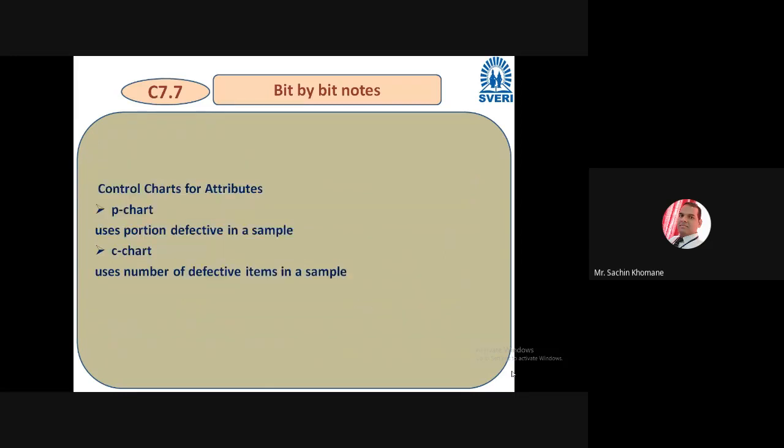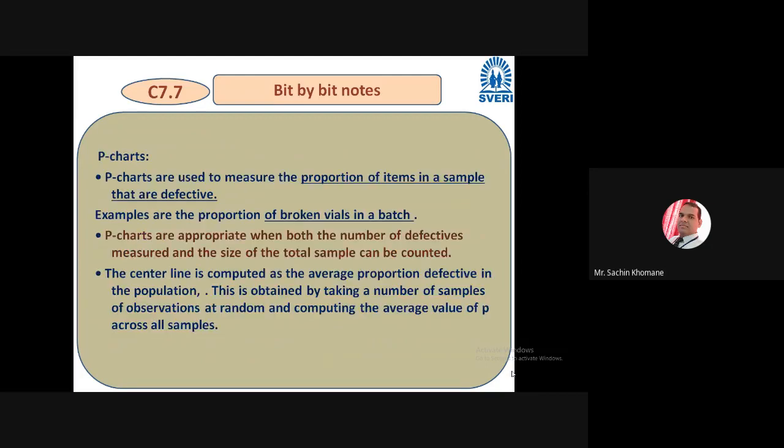There are two types of attribute control chart, P chart and C chart, that we have seen. So when should we use P chart? When you want to measure the proportion of items in a sample that are defective. Means how many items are defective in a particular sample.